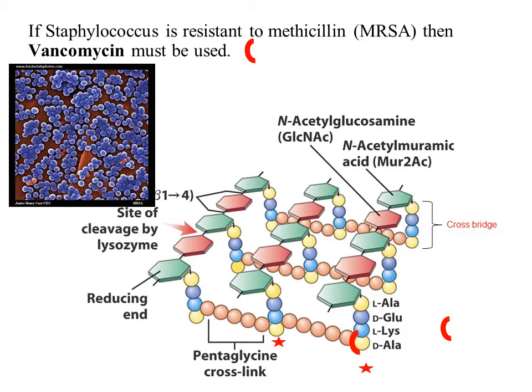If Staphylococcus is resistant to methicillin, then you have to use something like vancomycin. Staphylococcus resistant to methicillin is actually called MRSA, methicillin-resistant Staph aureus. In that case, vancomycin is going to block the interaction of the tetrapeptide to the pentapeptide. This is going to stop the formation of the layers that make up the wall.